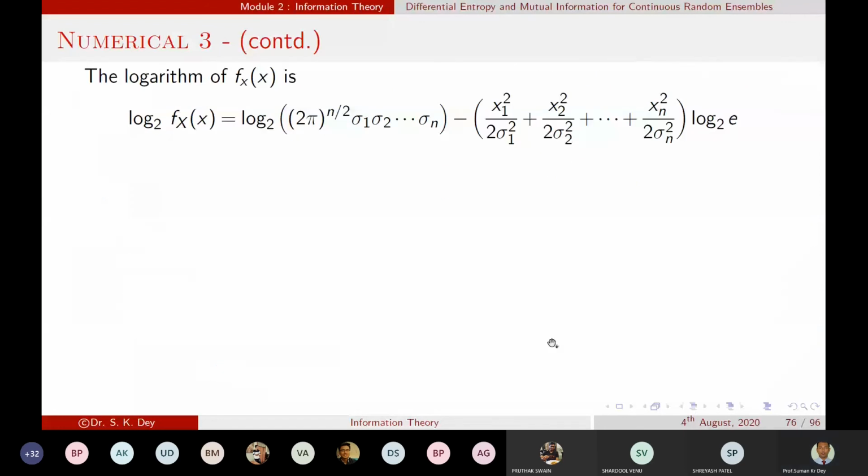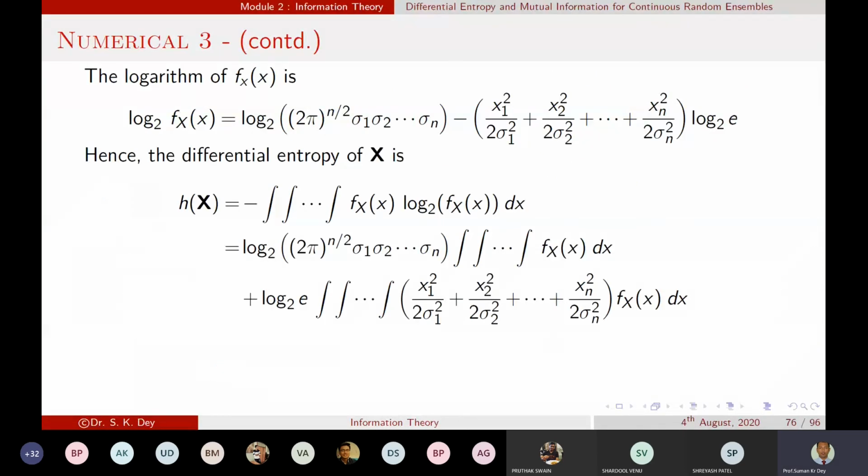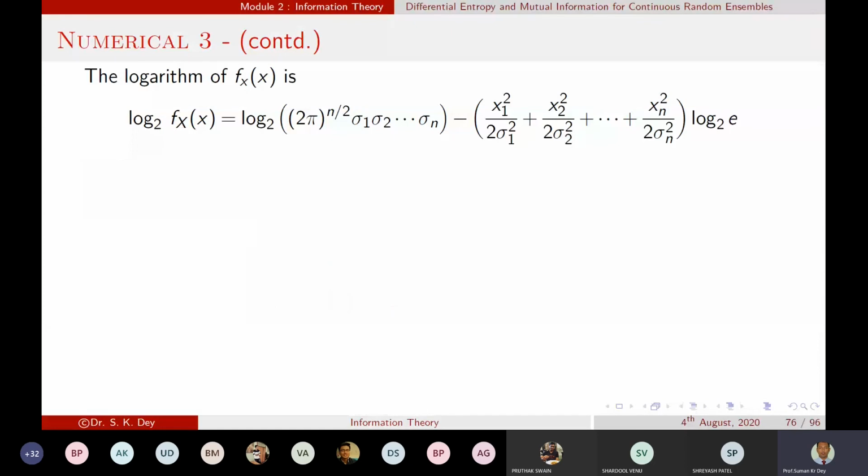Now if we simplify that expression, suppose we want to find the differential entropy of x. What is the expression for the differential entropy? H of x equals the integration of the probability density function times log of 1 by the probability density function.